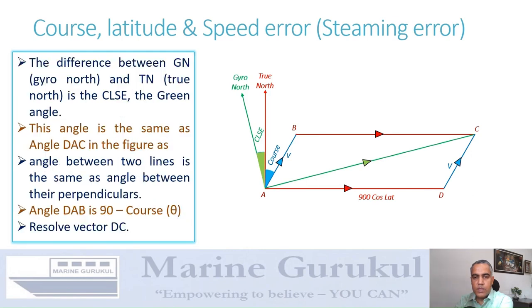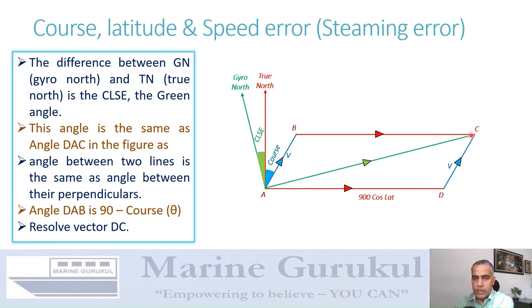Now we have seen that the difference between the gyro north and the true north, this green color angle which is being formed, is the CLSE. Now this CLSE, or this green color angle, is exactly same as the angle DAC, delta alpha Charlie.